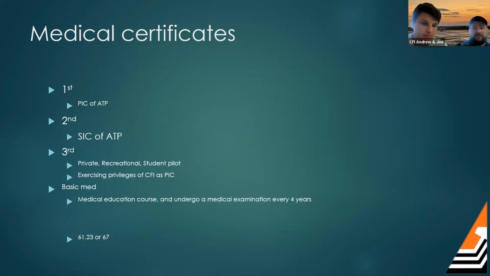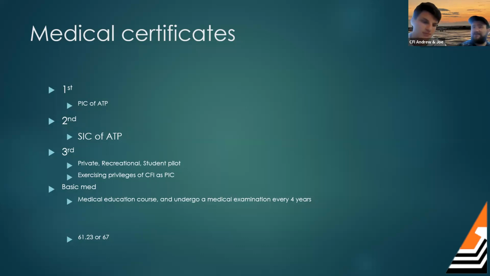So also, if you want to find out a little bit more about the regulations surrounding the medical certificates, you can look in FAR Part 61.23. And then as far as disqualifying medical conditions for first, second, or third class medical, you could check FAR Part 67, and they'll have it all broken up in there.